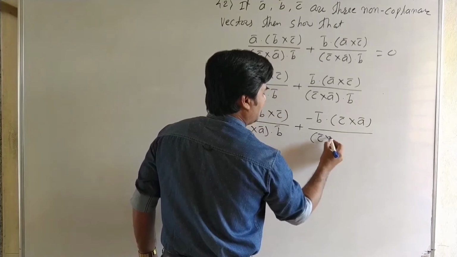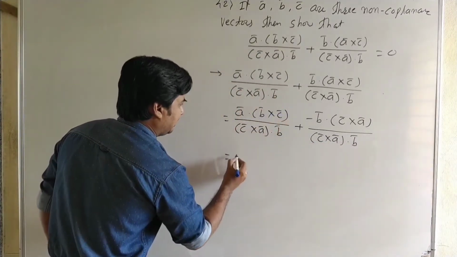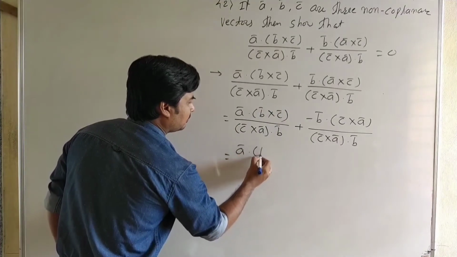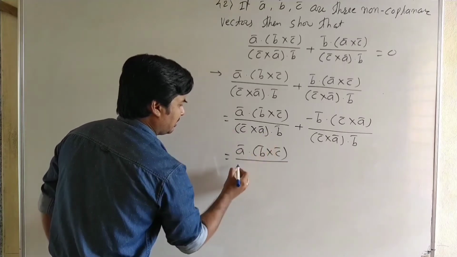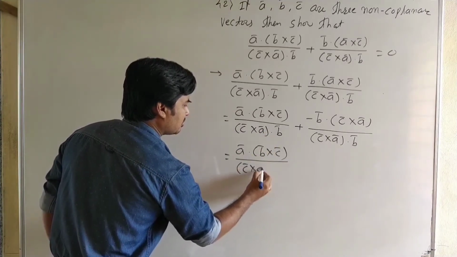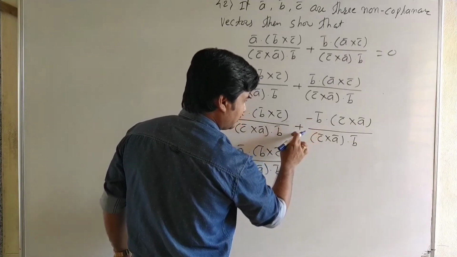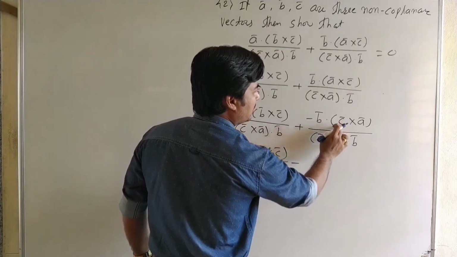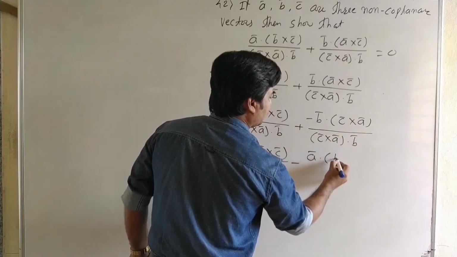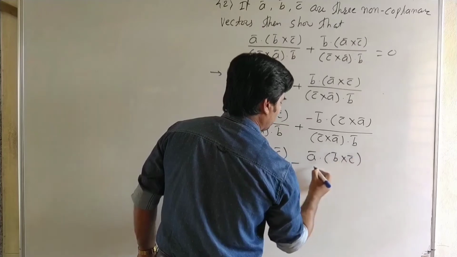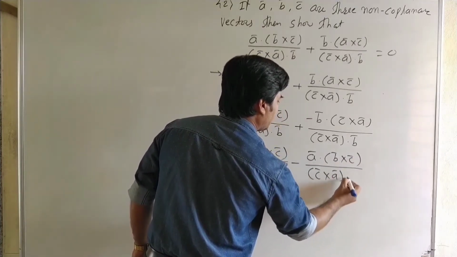Then A bar dot B bar cross C bar upon C bar cross A bar dot B bar, minus B bar dot C bar cross A bar, can be written as A bar dot B bar cross C bar upon C bar cross A bar dot B bar.